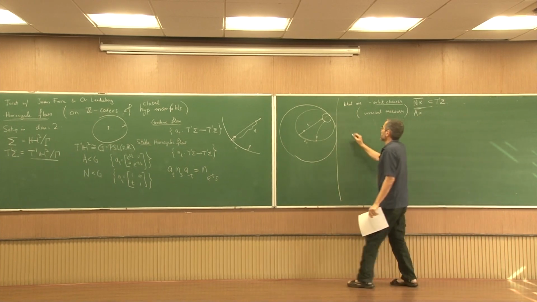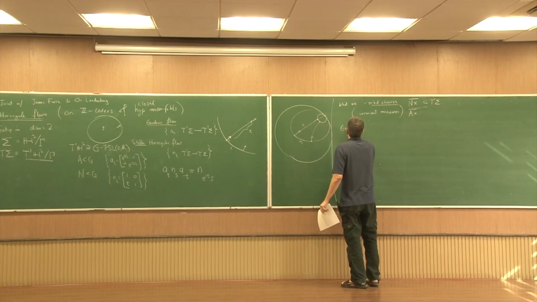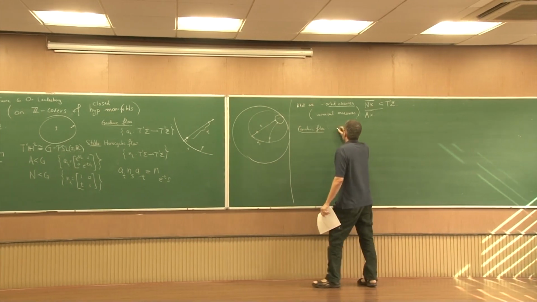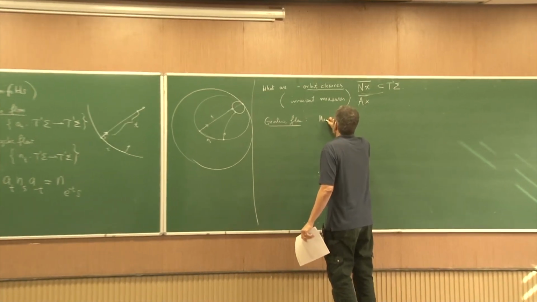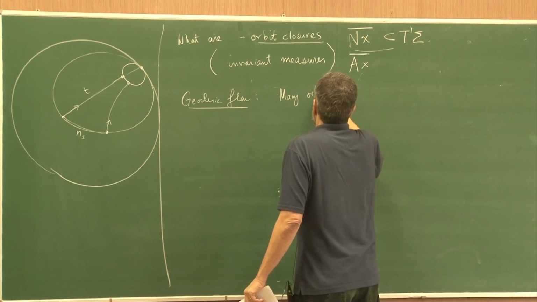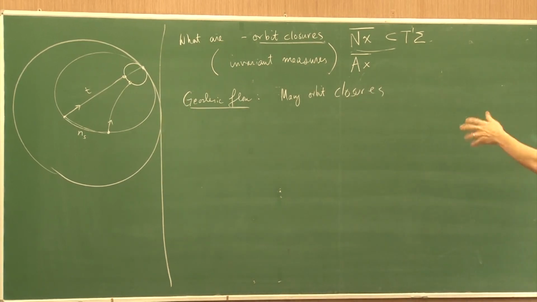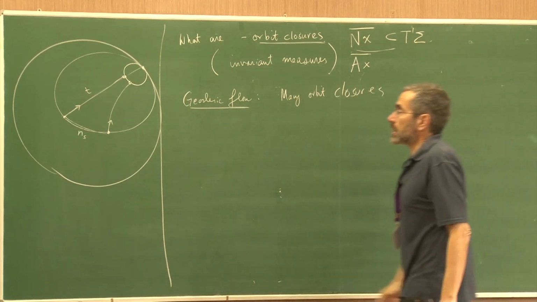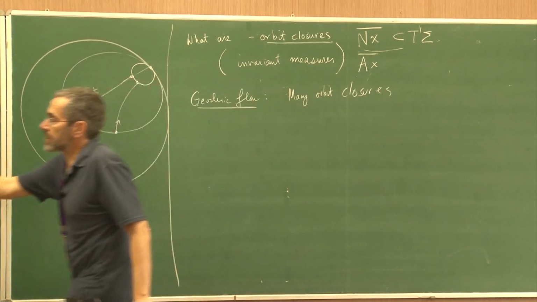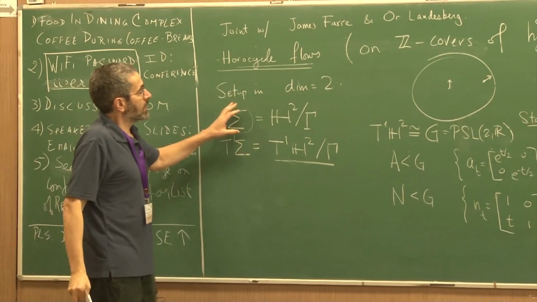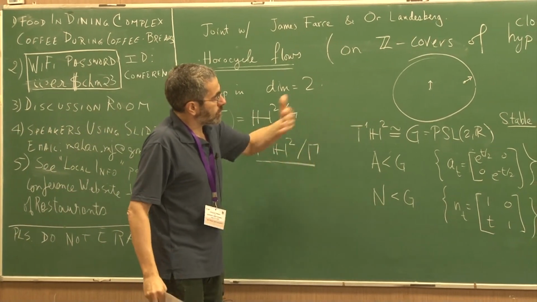So for the geodesic flow, there are many, many different orbit closures. And that's because the geodesic flow on this, even if sigma is, let's say for a minute, a closed surface, you have this compact space with this geodesic flow on it.